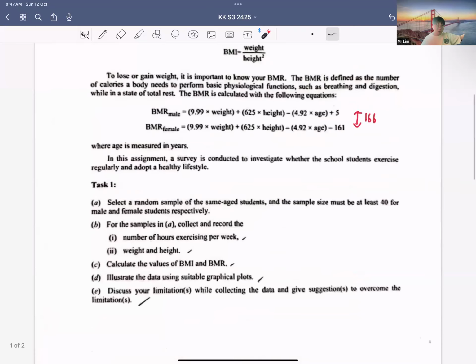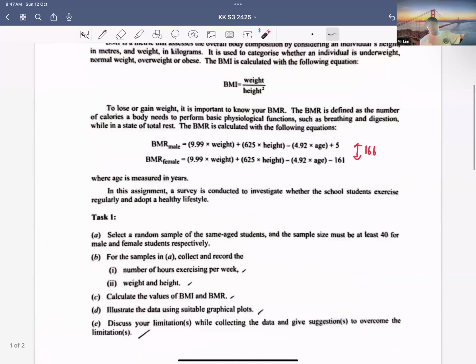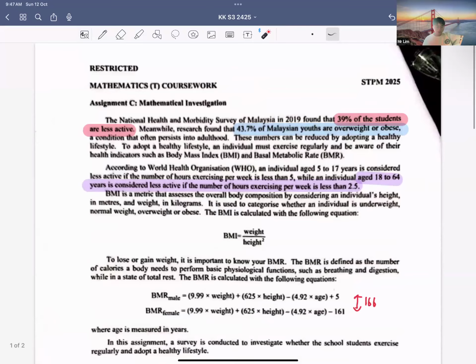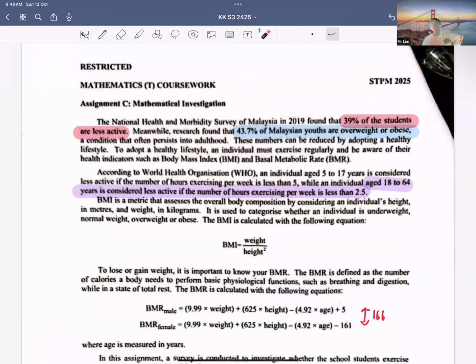You are the one who is going to calculate the BMI and BMR, and then you will use it to test whether these people are consistent with the survey provided by the government, which is this data and this data.